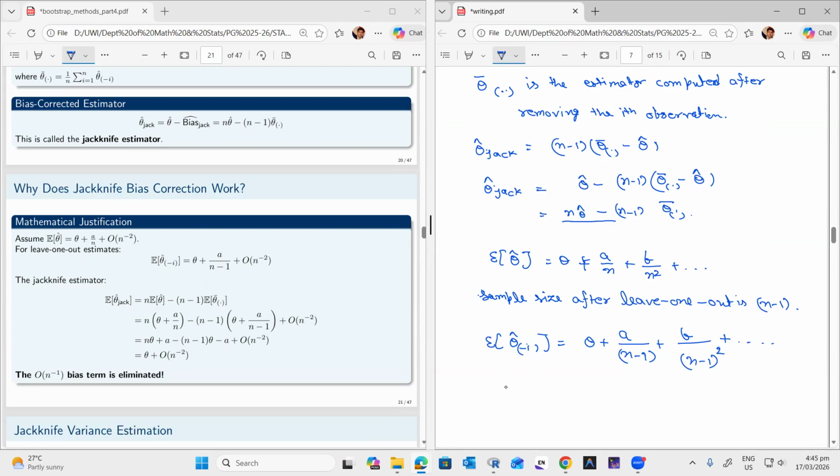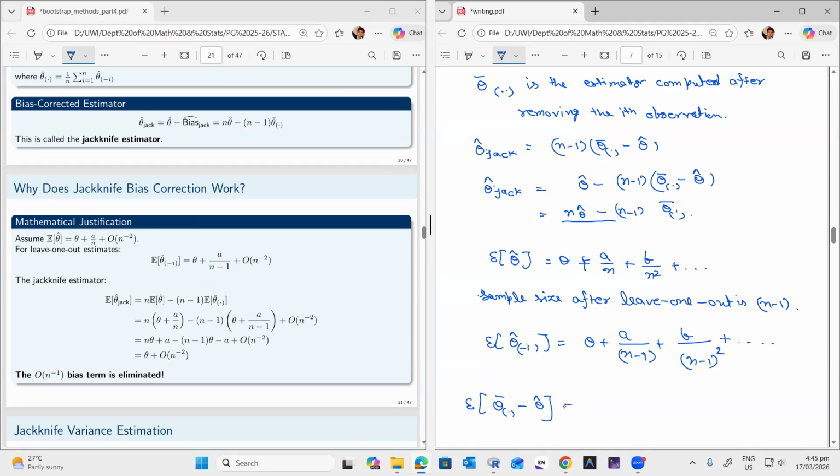So now we will take the difference of both of them. So that is expected value of theta bar dot minus theta cap.